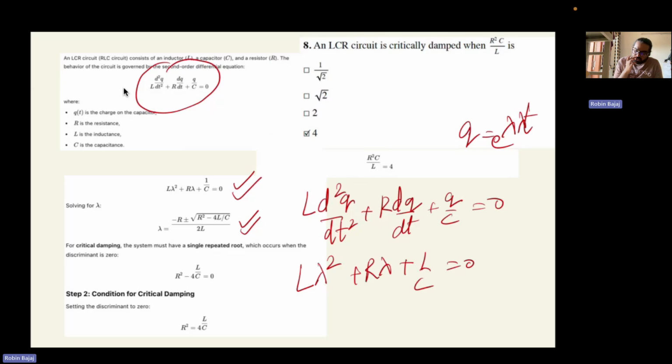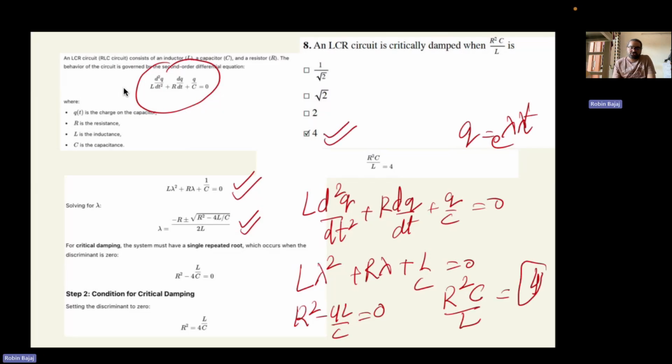Now for the critical damping case, the condition has to be that this has to be 0. So that means R square minus 4L by C has to be 0. So R square C by L has to be 4. So D is the correct option.